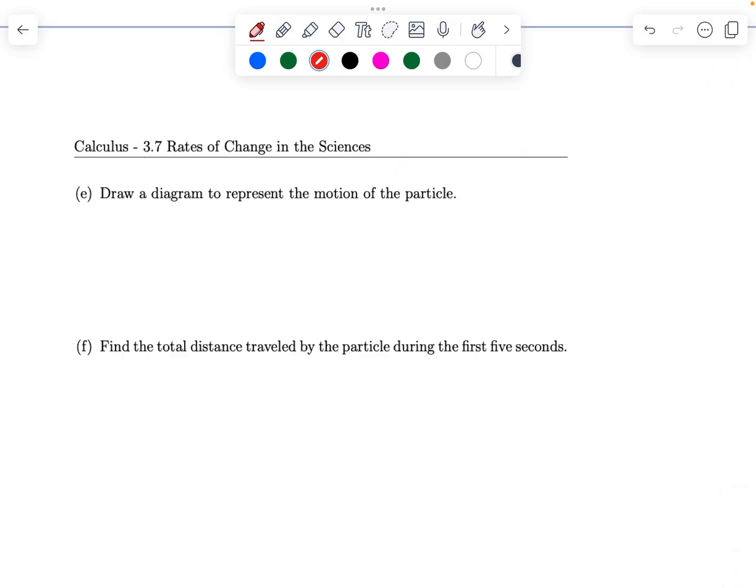So if I wanted to represent the motion of the particle, I could represent the position or the velocity.